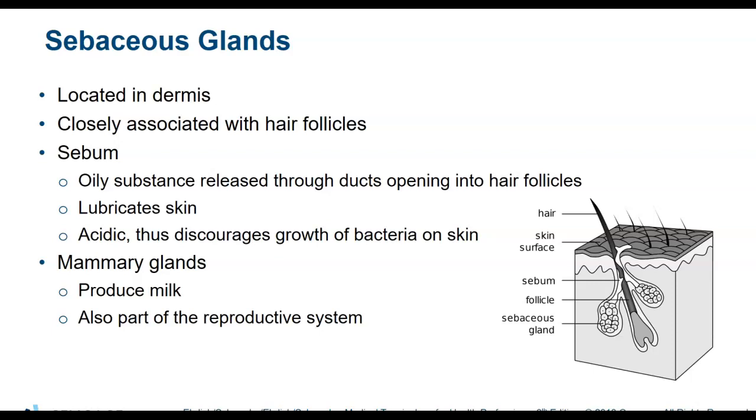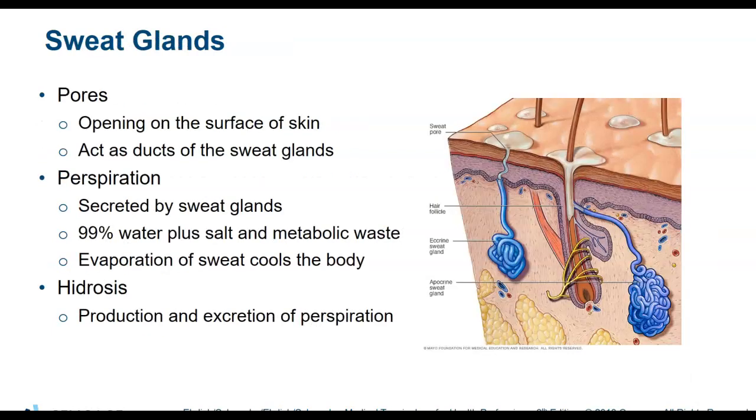It blocks the pore, and then we can have issues. That sebum helps lubricate our skin, and because of the acidity of it, it also discourages the growth of bacteria on the skin. Mammary glands are also considered a sebaceous gland because they produce milk, and we'll talk about this a little bit in the reproductive system as well.